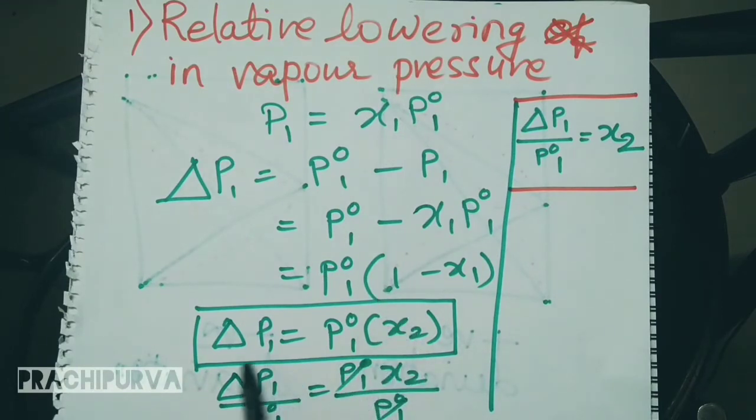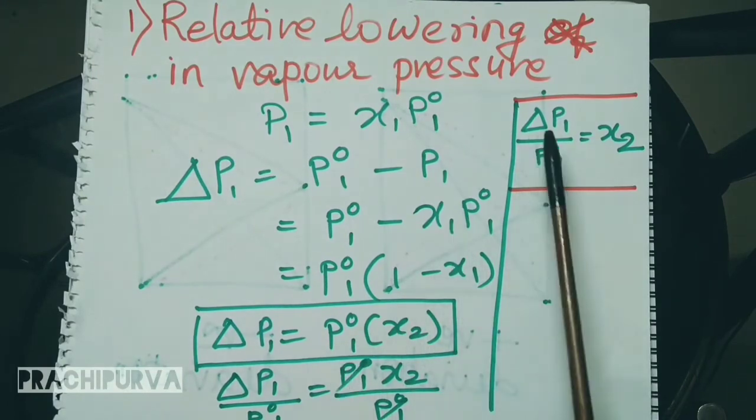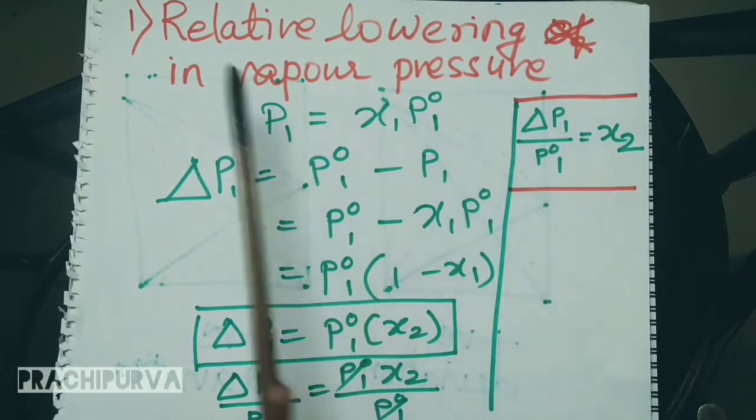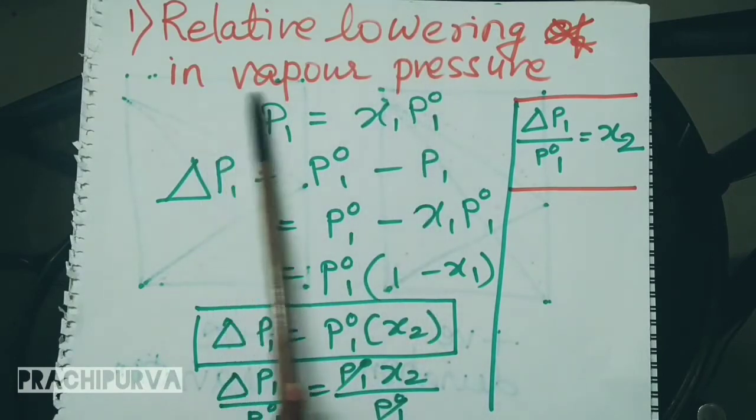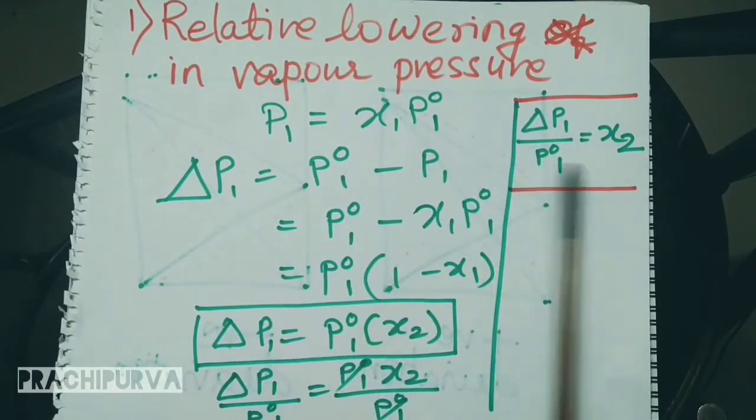Similarly, what I have got is the difference, delta P1, divided by the standard. What is the standard? The vapor pressure of pure solvent, P01. So we are dividing by P01 on both sides, left hand side also, right hand side also. So here it gets cancelled. This term is called relative lowering in vapor pressure, and it is equal to x2.